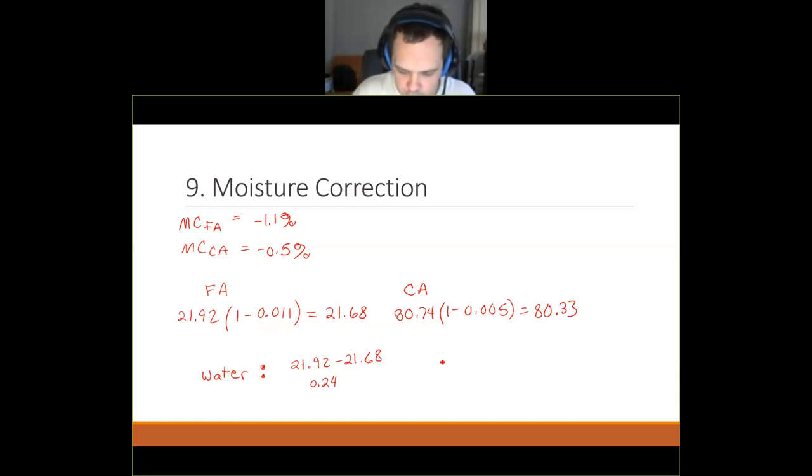And then doing the same thing over here, we do 80.74 minus 80.33, and that is 0.41 pounds. Okay, so those are my differences in the terms of weight of my aggregate.